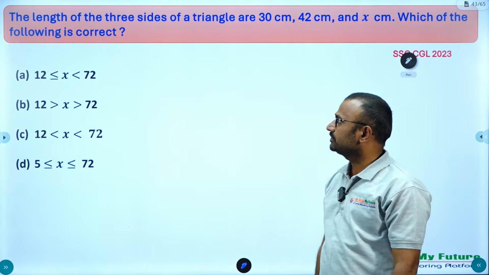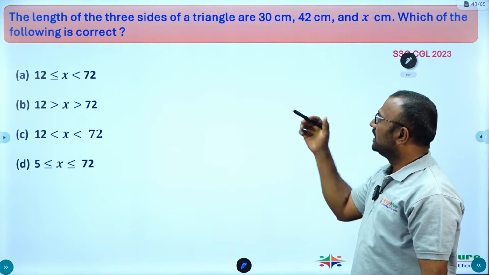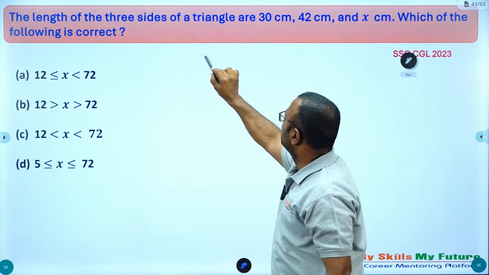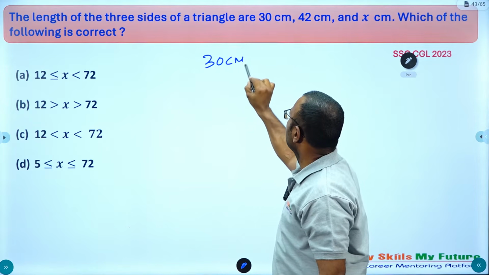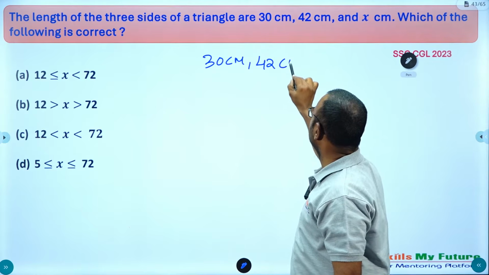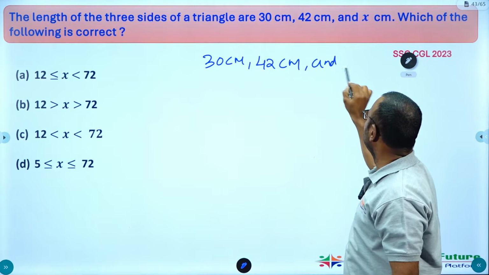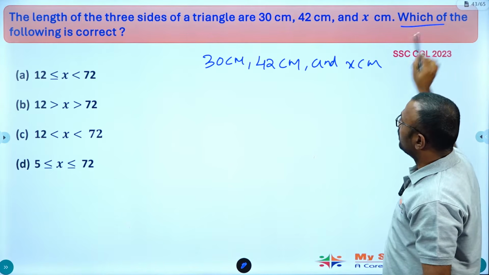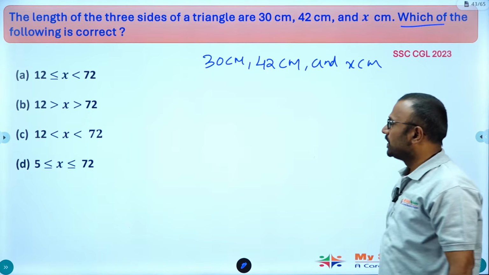Next, the same question is given. The lengths of the three sides of a triangle are 30 centimeters, 42 centimeters and x centimeters. Which of the following is correct? Similar question.